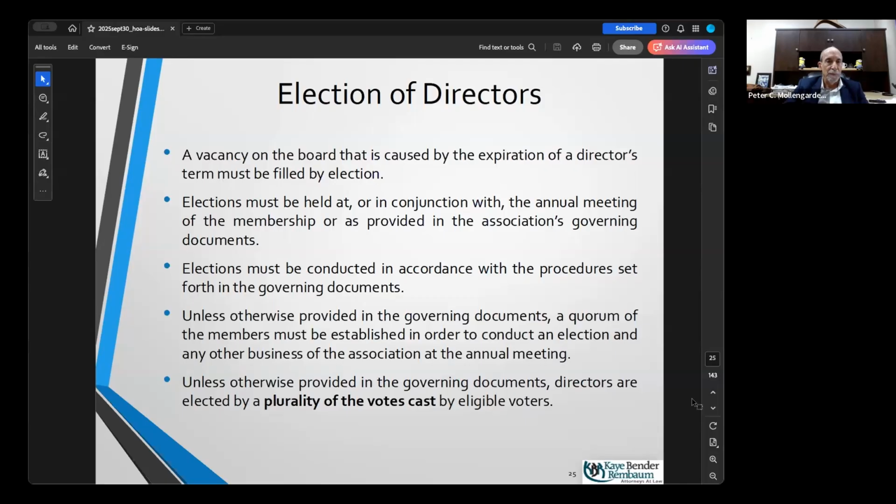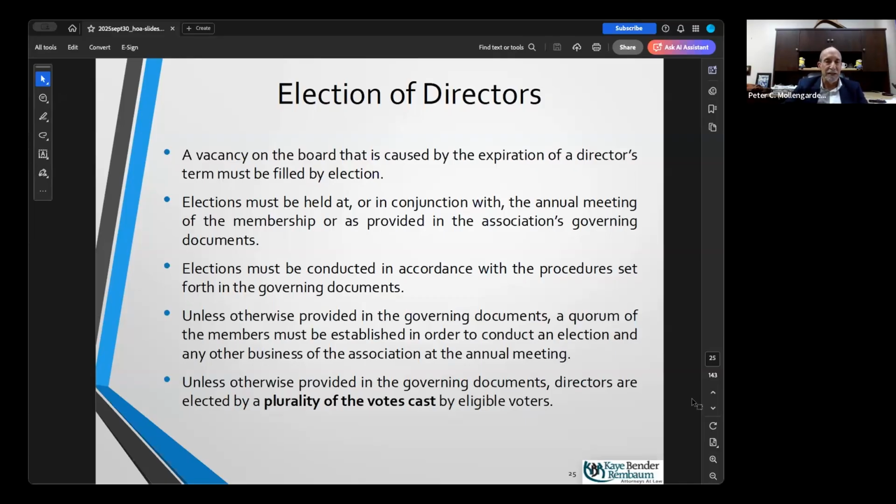We'll talk about that. But for the most part, the elections for each HOA association are pursuant to your bylaws. Unless otherwise provided by your documents, a quorum of the members must be established in order to conduct an election and any other business conducted at the annual meeting. Now, again, I want to make a distinction here for your condominium director friends: for condo elections, there is no quorum requirement for an election. 20% of the people voting constitutes a quorum in a condominium election.